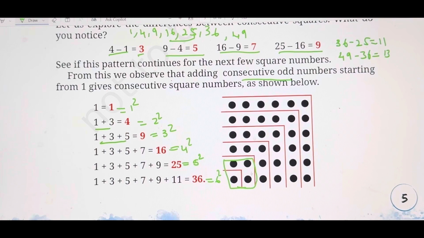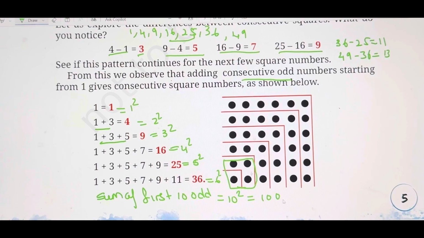So if you are asked for the sum of the first 3 odd numbers, we derived that it is 3 square. If it is asked, the sum of the first 10 odd numbers, that will be 10 square, which is 100.